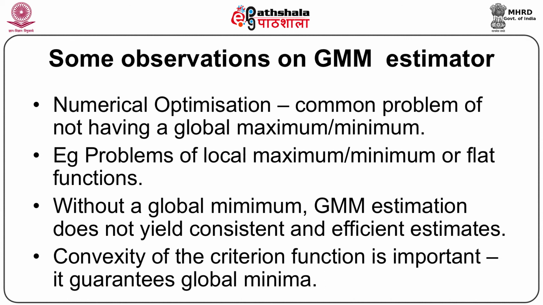Now, in numerical optimization there is the common problem of not having a global maximum or minimum, for example the problem of a local maximum or minimum or a flat function. Without a global minimum, GMM estimation does not yield a consistent and efficient estimate, and convexity of the criteria function is important. It guarantees the global minimum.